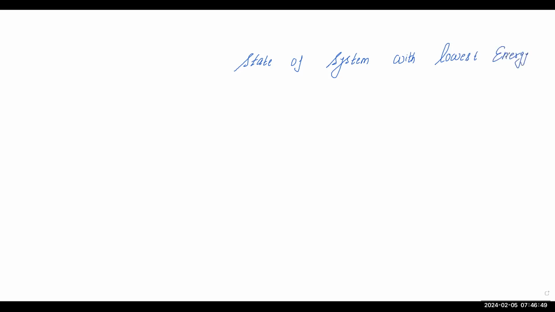Actually it is free energy, more accurately. So the lowest free energy. If it is with the lowest free energy, then we call the system to be in the most stable form. That's the meaning of equilibrium.